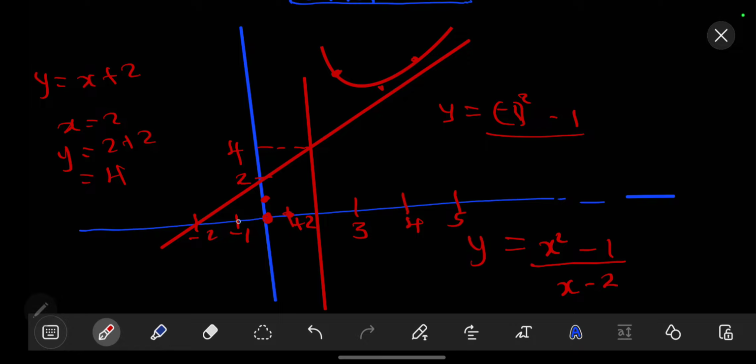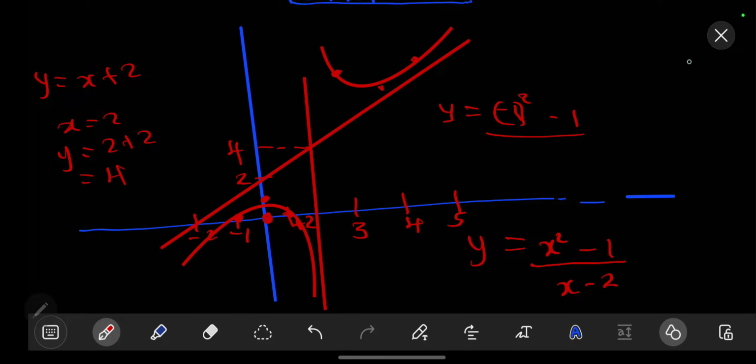So without finishing it, we can conclude it's going down. As I go to this side, it goes down. As I go to the other side, it goes up. So I'll join my points, and I'll have something like this. So this is how we graph one that has got a slant asymptote.